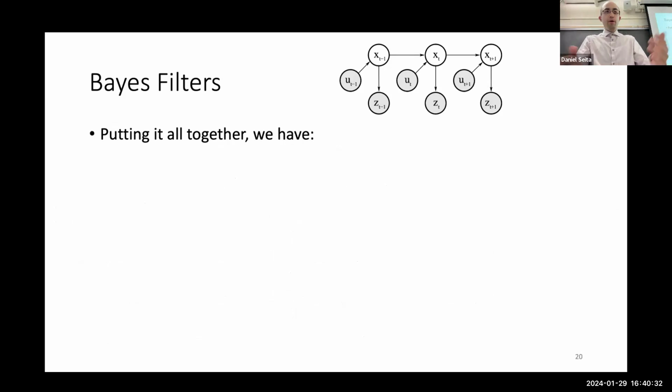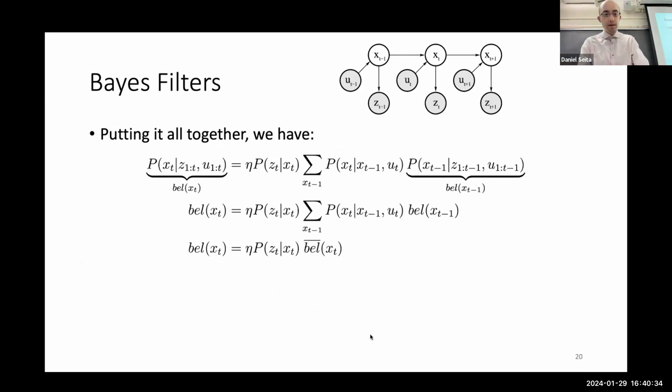All right, so you put it all together. We have this: the probability of xt given all the sensor readings up to the current time and all the actions up to the current time. That's the same as the belief at xt, right?